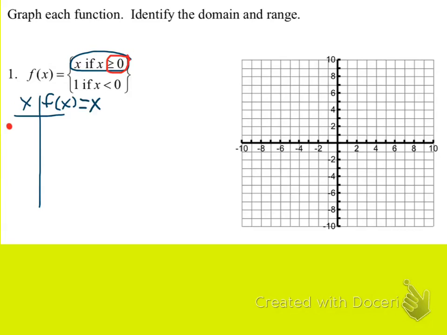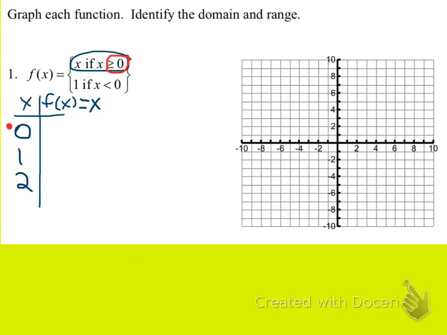And since we're going to be greater than or equal to 0, we can start with our first domain value of 0, and then we can pick two numbers that are greater than 0. I like to pick the consecutive numbers, so I start with 0, and then my next two greater consecutive numbers would be 1 and 2. Okay, now it's time to find our range.